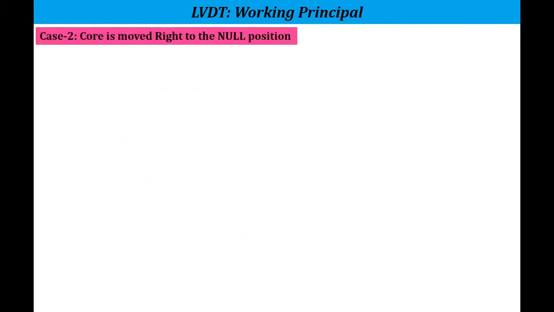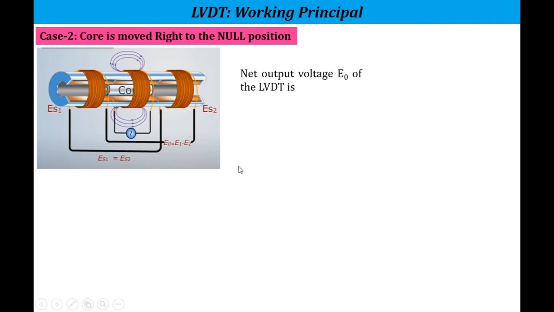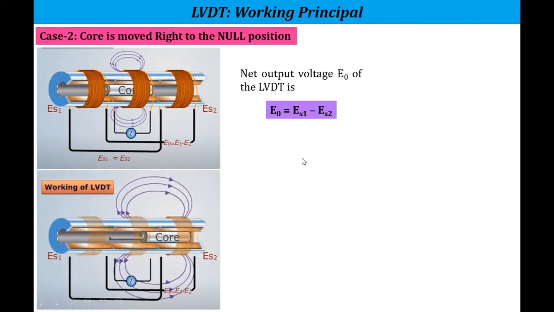So therefore, this is your normal case whenever your core is exactly at a center. So you can write this equation, that is E0 equal to ES1 minus ES2. And whenever now the core is shifted towards right hand side from a null position, so therefore this is the EMF, or these are the magnetic lines which are associated with the secondary side of the winding.